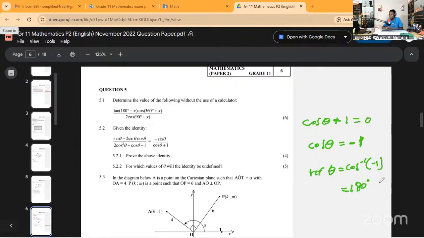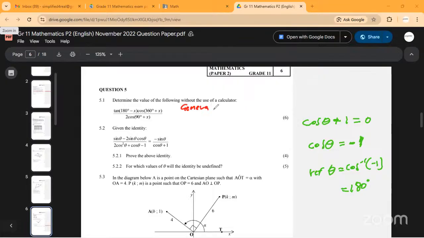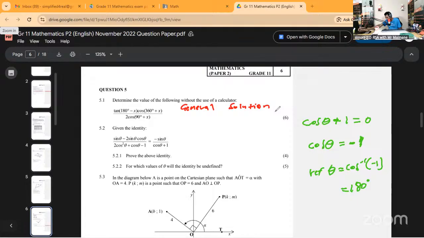Now we have the so-called general solution. For general solution, we all know that angles rotate every 360 degrees, right?